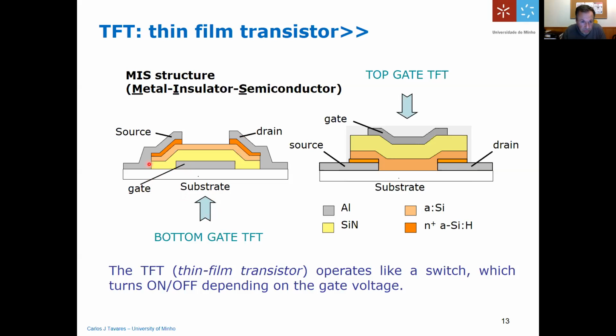Then, for example, you can produce the metal contacts here. For the gate, if it's a bottom gate, you have to put a whole layer of aluminum, okay? But you cannot short circuit this gate with a source or with a drain. So afterwards you produce a whole layer of gray material.